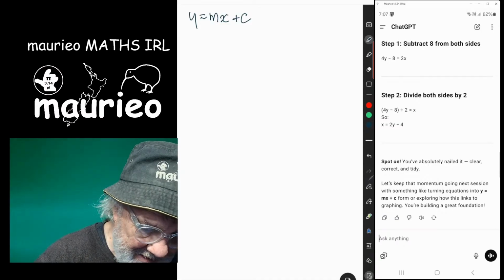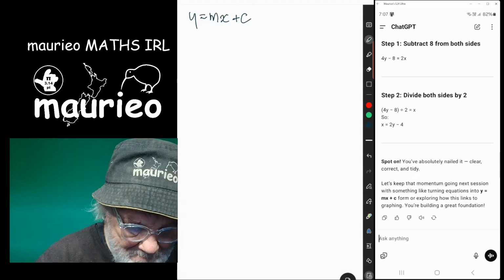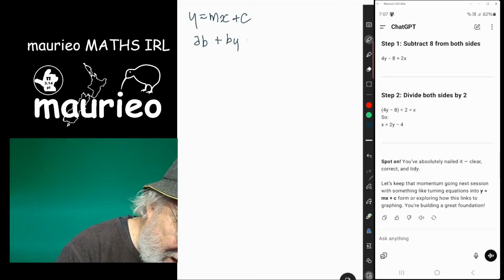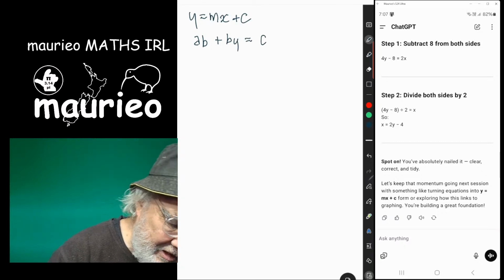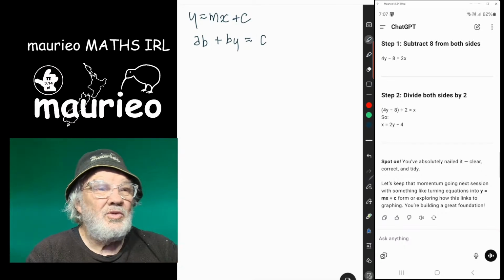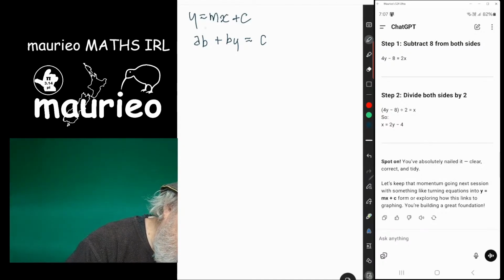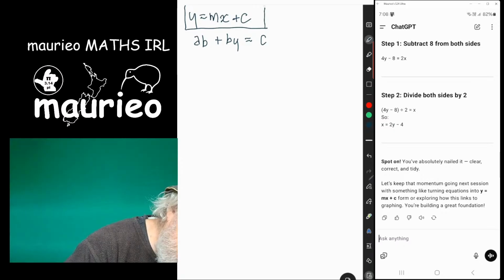So you can have something like ax plus by equals c, which is also another sort of form, but this is the most common standard form for a straight line, and that's certainly the one that I remember.